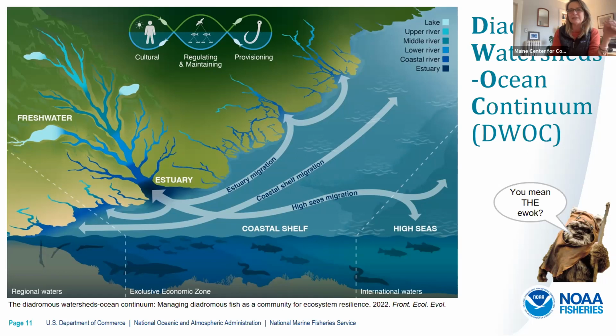Now I'm starting to see the connections between fishes that leave from an estuary, they might go out to the open ocean, they return, and understanding how they cross these different water bodies and these different zones, where we tend to focus on one specific piece of this puzzle or mosaic as researchers. Seeing this concept laid out is just incredibly helpful. As a layperson, it really has helped me see what this entire EBFM thing is all about.